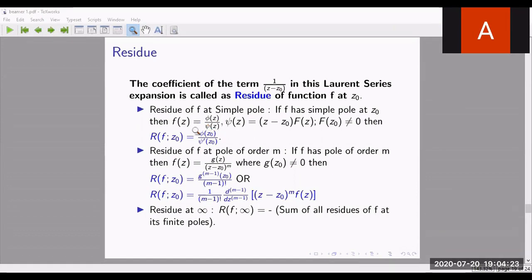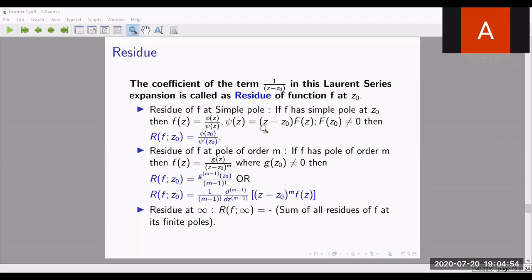In this psi of z, there will be a term z minus z naught and some extra term, as we have seen in the earlier example of cos pi z divided by sin pi z into z minus a. If it is a simple pole, my function looks like this, where the denominator will have z minus z naught, and due to this term my function will not be analytic at point z naught.